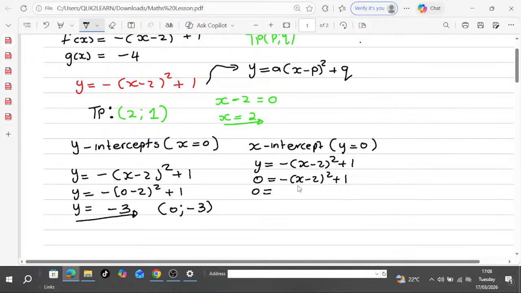So this will be minus, let's expand the bracket, (x minus 2)(x minus 2) plus 1.